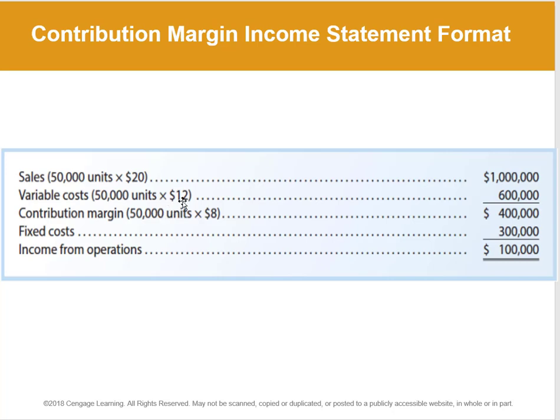Our variable costs here are $12 per unit. He's selling 50,000 units, so our contribution margin would be 50,000 times 8, or 400,000. Fixed costs are 300,000, so our income from operations is $100,000. So we needed $300,000 of this contribution margin to cover our fixed costs.